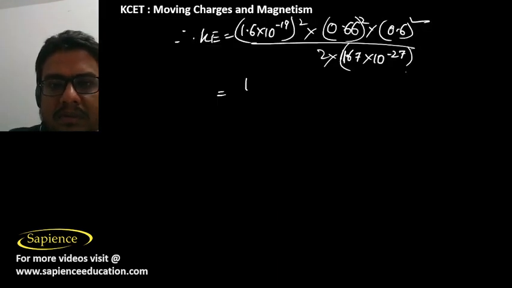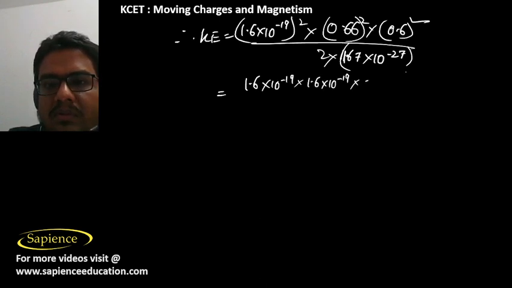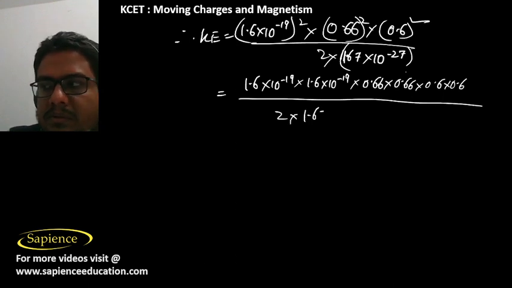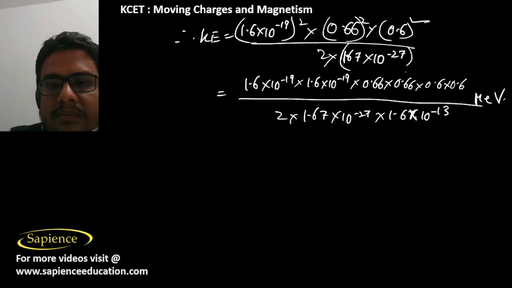Therefore this is 1.6 into 10 power minus 19 into 1.6 into 10 power minus 19 into 0.6 into 0.6 divided by 2 into 1.67 into 10 power minus 27 into 1.67 into 1.6 into 10 power minus 13 mega electron volt. So 1.6 will cancel, and 10 power minus 13 will be 10 power minus 6.